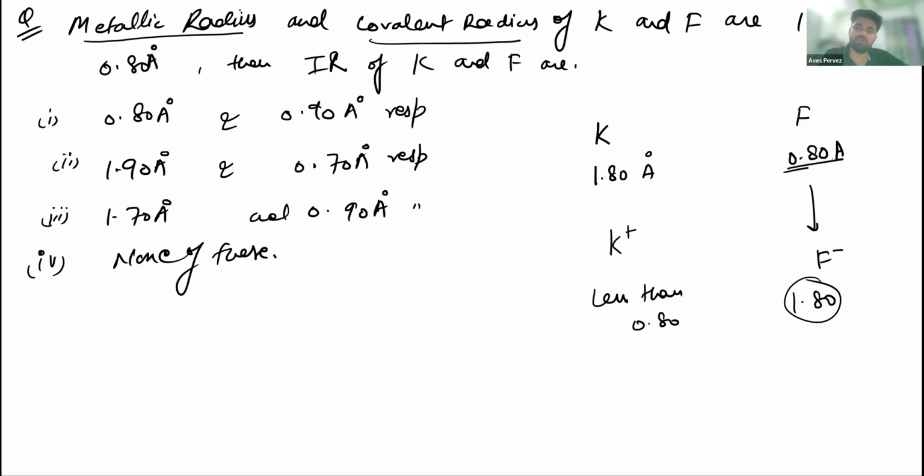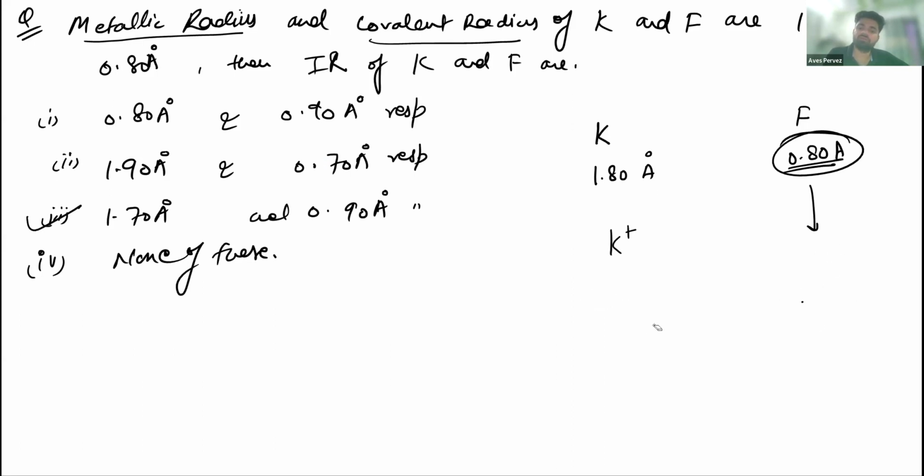So the ionic radius of potassium should be less than 1.80, and fluorine's should be greater than 0.80. So this option is the correct option. Third, it is 1.70 less than 1.80, and the other should be greater. Got it? Both understood? Yes, sir.